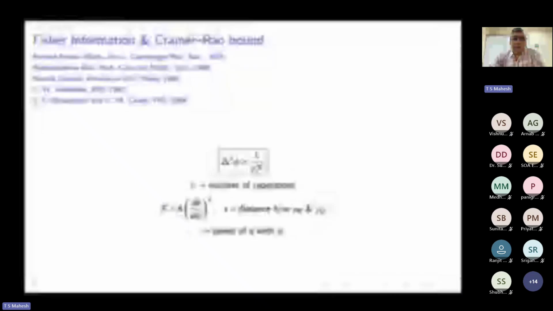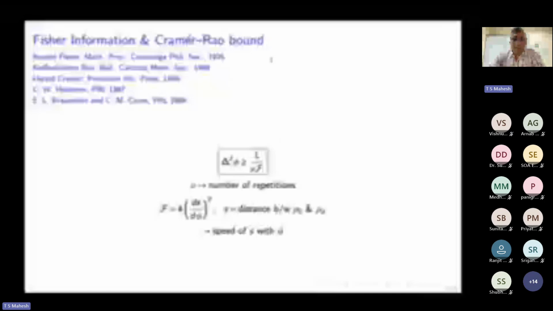And now the error I was talking about, if you describe it in terms of variance, happens to be inversely bounded. So the lowest error that you can get is 1 over F, that's the Fisher information. And here nu is the number of repetitions. And this inequality, that lower bound on the variance, is 1 by nu F. That is called the Cramér-Rao bound.